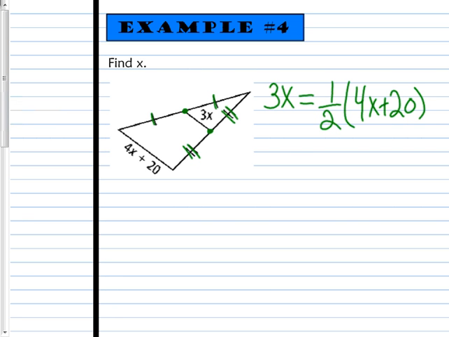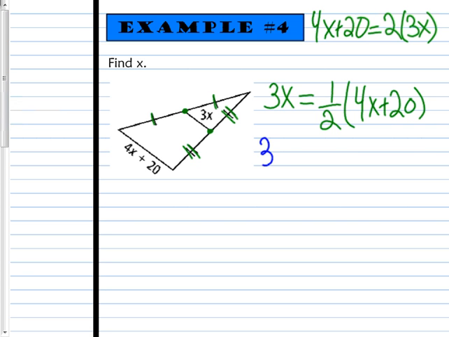Or again, if you do not want to use a fraction, which it's easy to use a fraction here because 2 goes into 4 easily and 2 goes into 20 easily, you could have written it as 4x plus 20, the longer one, equals 2 times the smaller one. Okay. Either one would have worked. I'm going to go ahead and show you the longer way just so we can have some practice with dividing by fractions.